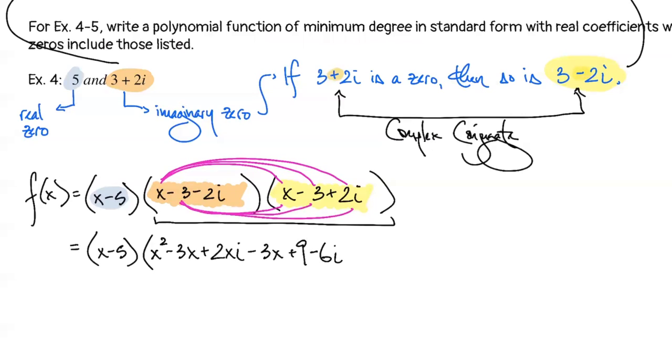And last but not least, I'm going to take that negative 2i and distribute it everywhere. So I get negative 2xi plus 6i minus 4i squared. Definitely a situation where things look a lot worse before they look better.